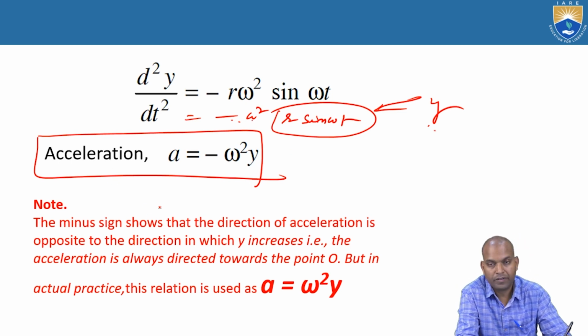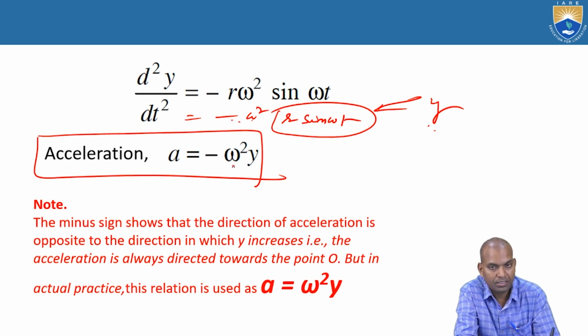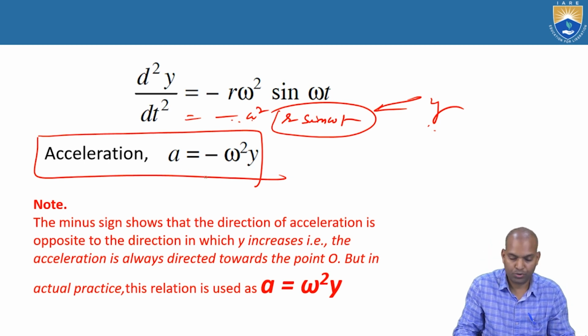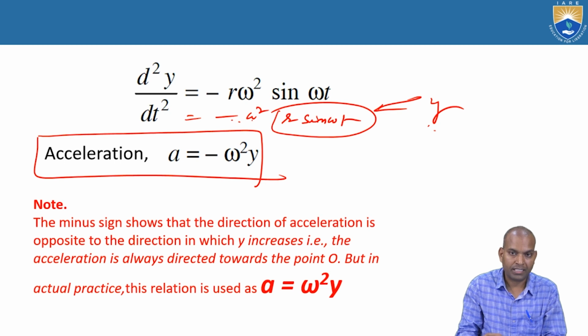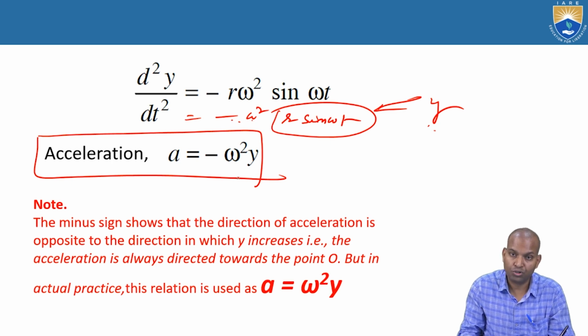Now this is the equation of simple harmonic motion acceleration, where omega is the uniform angular velocity, y is the displacement and a is the acceleration. So a is proportional to y. Acceleration is directly proportional to the displacement, acceleration equal to minus omega square y. This omega square is the constant of proportionality for simple harmonic motion.